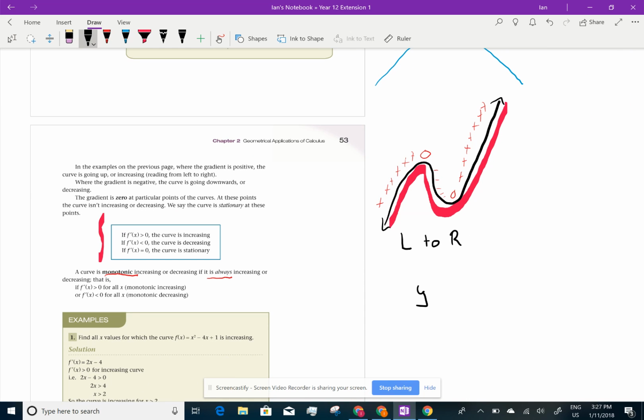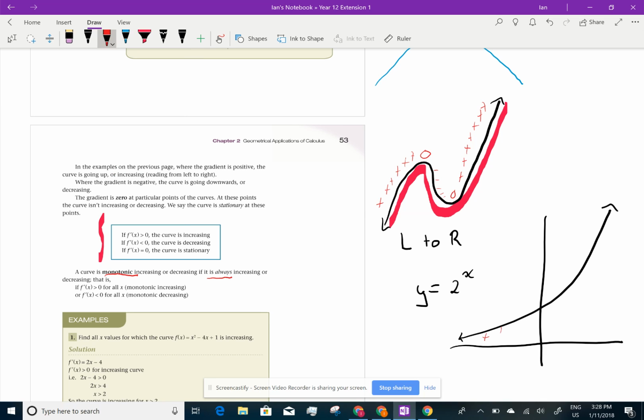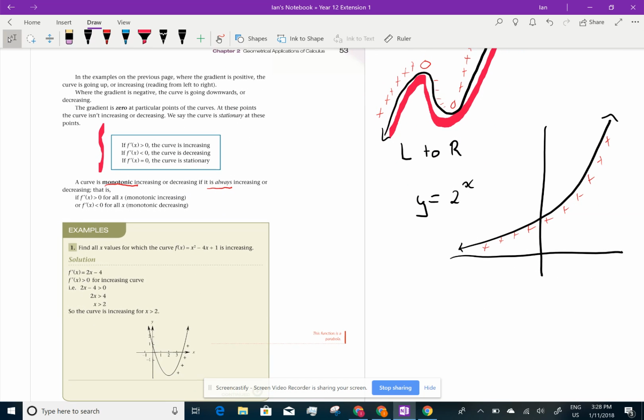Well, here we go. Let's take y equals 2 to the x. This is what it looks like. And what's the gradient of the tangent doing? The gradient of the tangent is positive, positive, positive, positive. That's monotonic increasing. What's a monotonic decreasing?